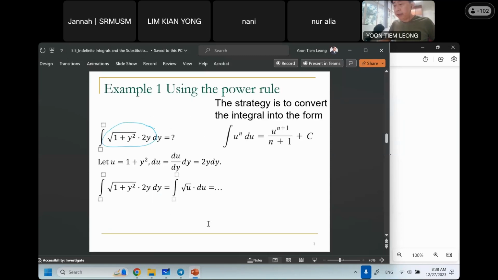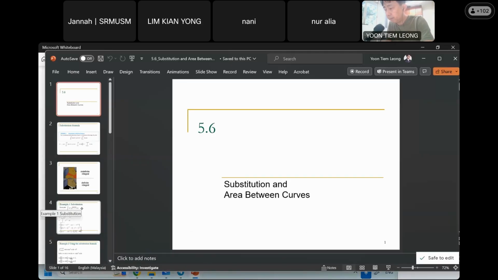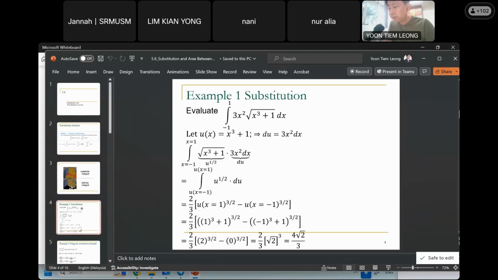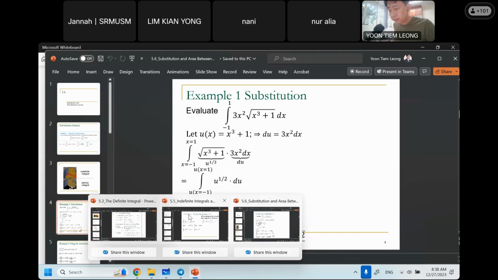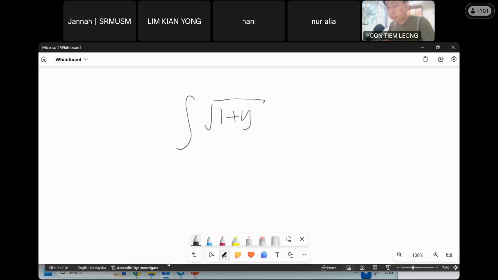And then let us try to apply this to a simple example. So the example we are looking at is the integral of square root of 1 plus y squared times 2y dy.